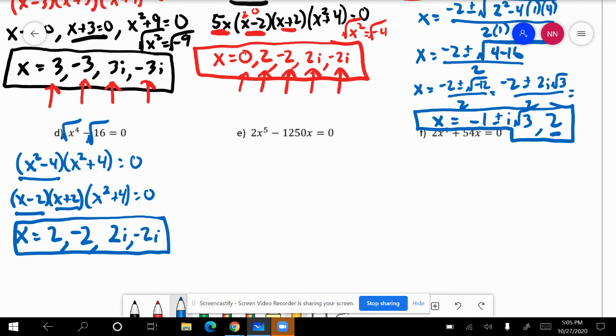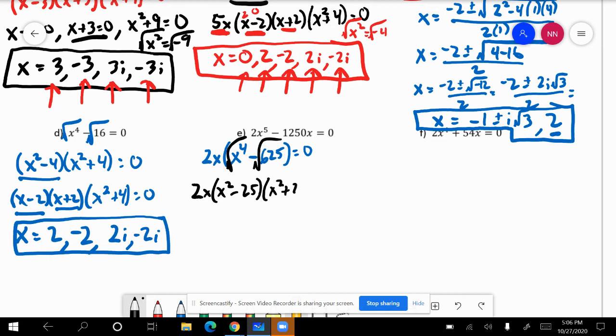Now letter E, notice that they both have a 2x in common, so we factor out a 2x. We get x to the 4th minus 625. If we were to take the square root of each one, it would give us the x squared minus 25 and x squared plus 25 is equal to 0. Now we factor this again and we get x minus 5 and x plus 5.